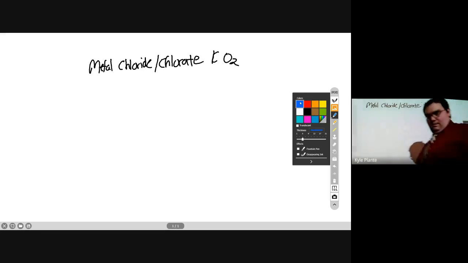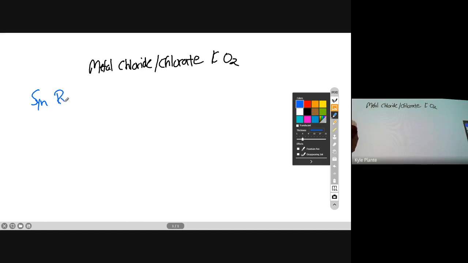So, a metal chloride is any metal bonded to chlorine. So here's the synthesis reaction. We have our metal chloride. We'll use the basic sodium chloride and react it with oxygen. We're going to get a metal chlorate.